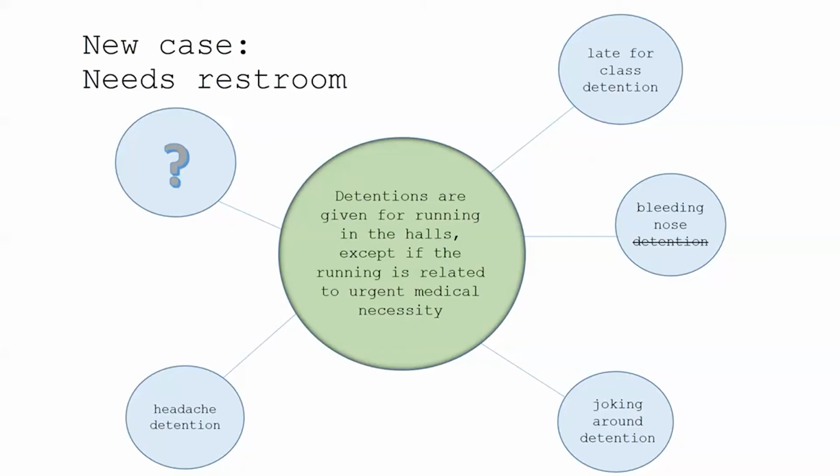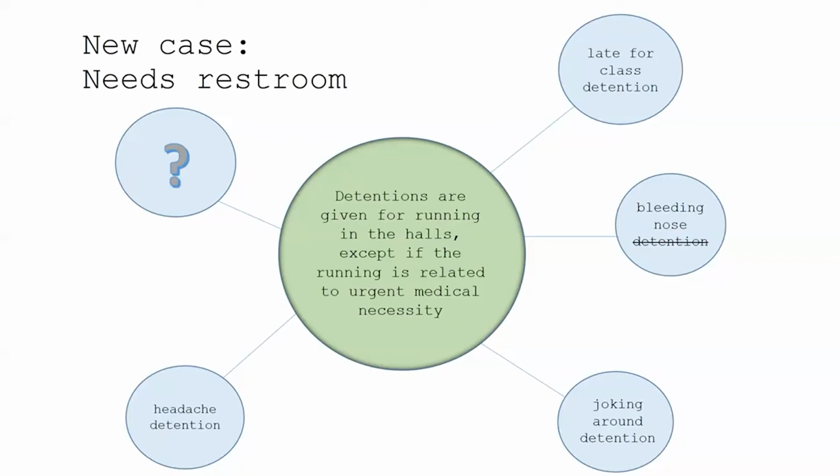And in this case, we are the attorney. We are the person who needs to argue either that this case is very much like the bleeding nose, and therefore the student should not be given a detention. It's an urgent medical necessity when you have to go to the restroom.